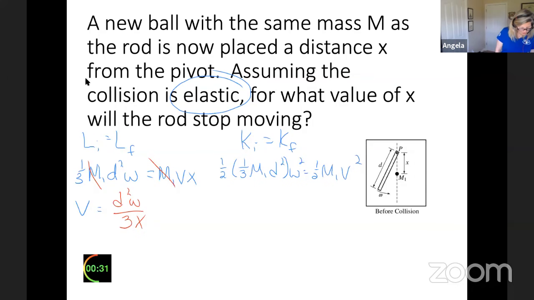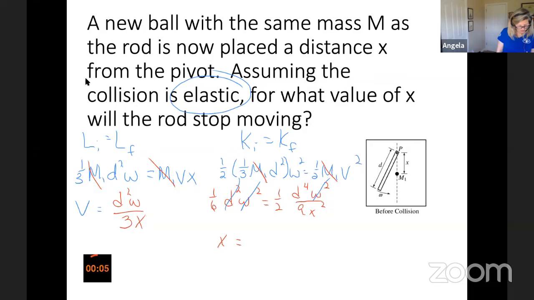Okay. So on the right, over here on the kinetic energy, let's cancel the M1s and we can plug in our v. 1/6 d squared omega squared equals 1/2 d to the 4th omega squared over 9x squared. We've got to get x by itself. So I would really like to cancel these omega squareds first.